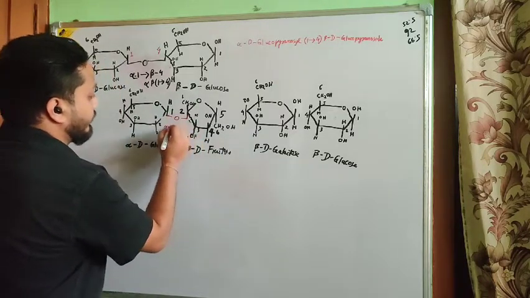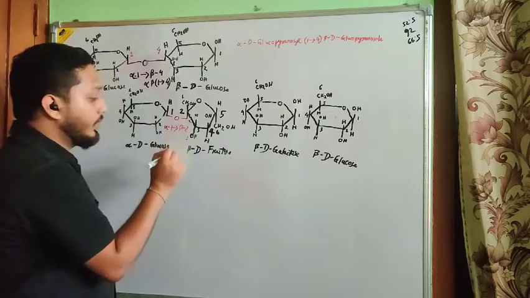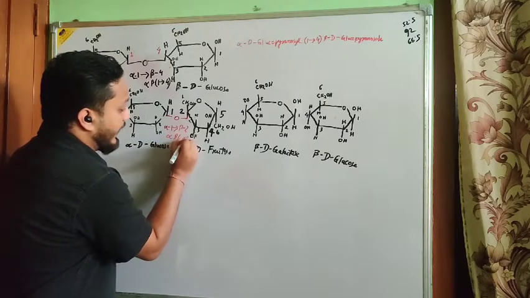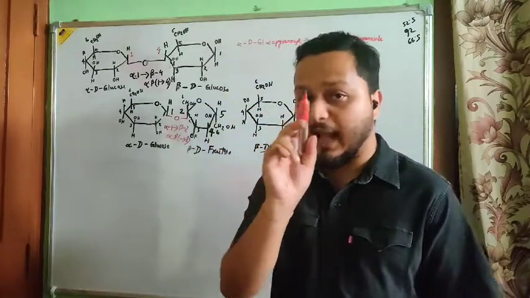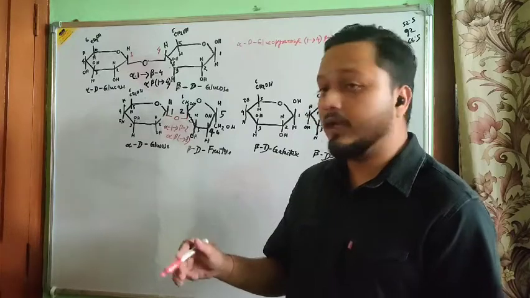For beta D fructose, this is carbon number 2, therefore this linkage is alpha 1 to beta 2 glycosidic linkage. Alpha 1 to beta 2 glycosidic linkage.